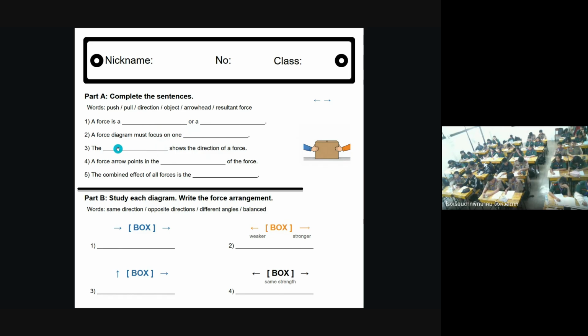The arrowhead shows the direction of a force, and a force arrow points in the direction of the force. The combined effect of all forces is the resultant force.